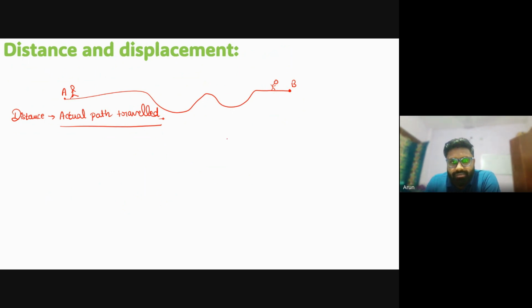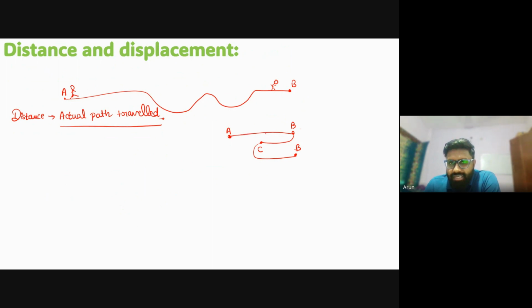Suppose you have started your journey from A, you go to B, but for some reason you have to return back to C, and then again you move back to B. Although the change in your position is from A to B only, what is the distance that you have covered?